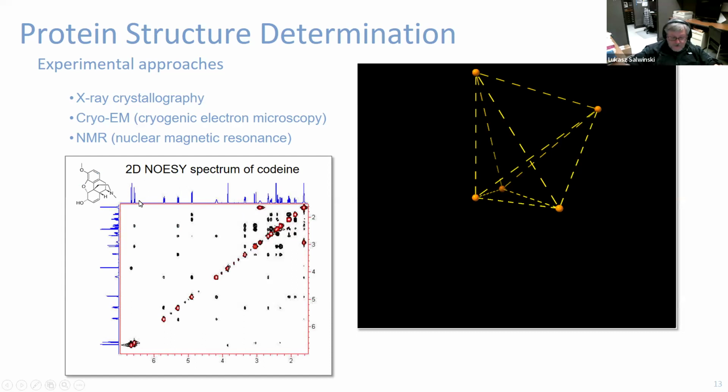Each peak corresponds to one particular atom. Here is a small molecule, so you've got a relatively small number of peaks. It's still large, but not that large.